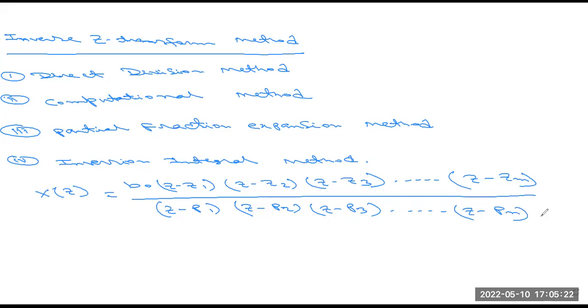Here p is used for the poles and z is for the zeros.